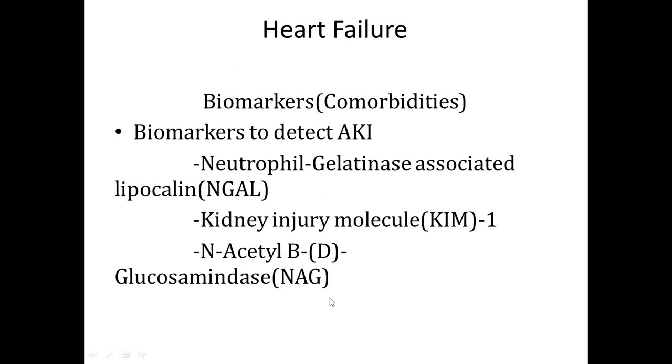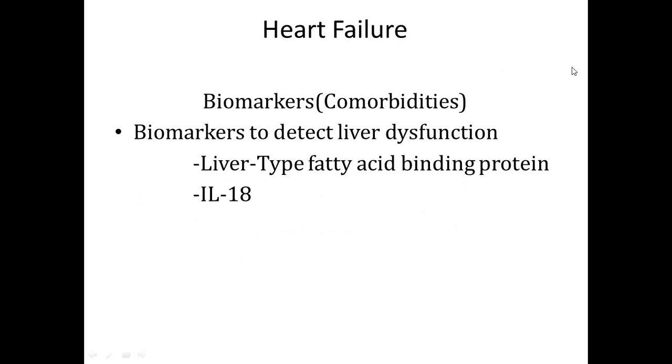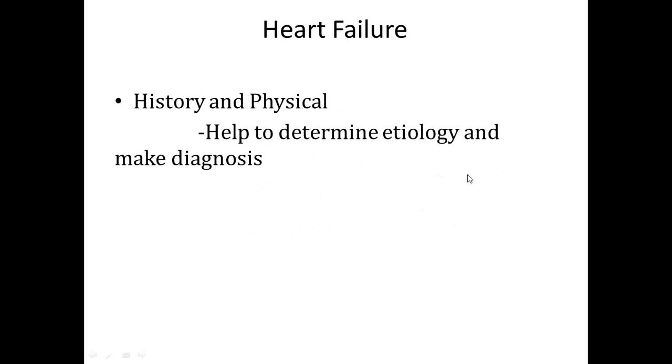So these are markers for acute kidney injury. But in clinical practice, you go by creatinine. If it's going up, then you know that the kidney is involved. And then for the liver, we use interleukin 18. You can use liver-type fatty acid binding protein.